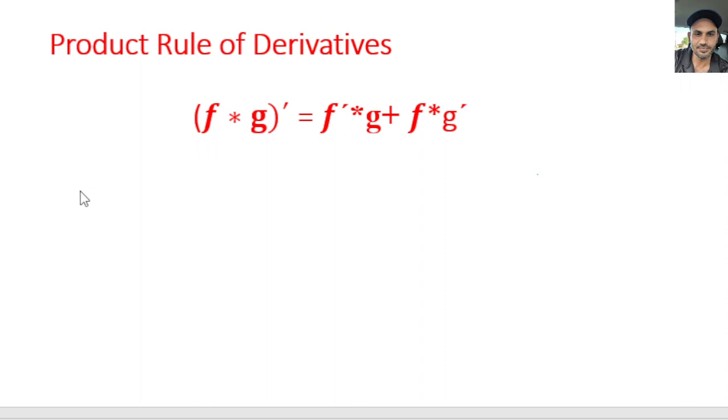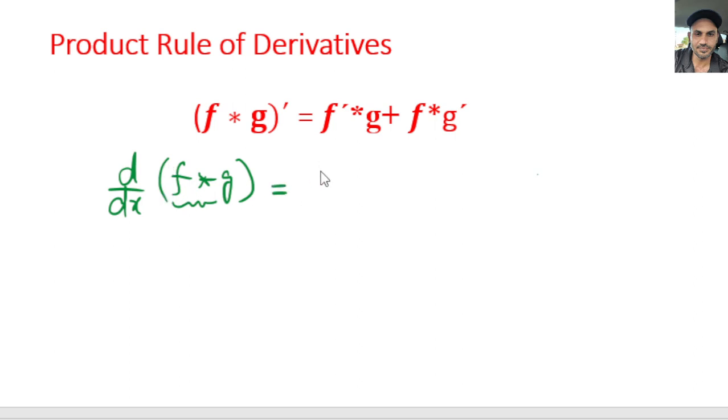If we want to take the derivative d over dx of f times g, this expression is a product of two functions, and we want to take the derivative of this.